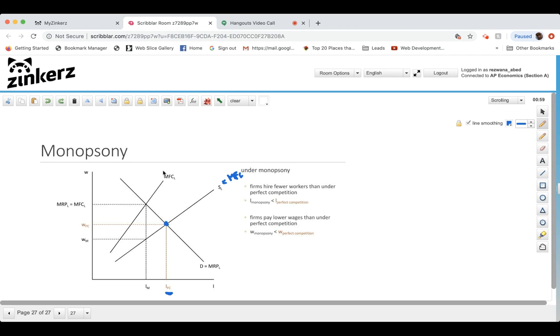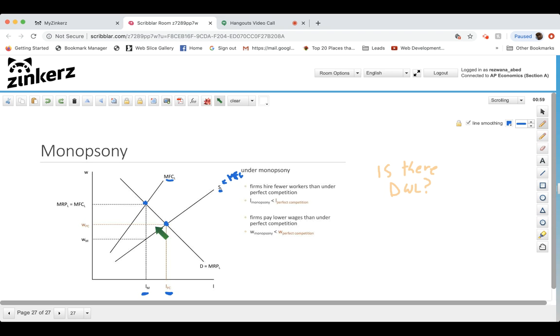But for the monopsony, just like we saw with monopoly, monopoly produced a lower quantity but charged a higher price. Monopsony does something similar. They hire where their marginal factor cost is equal to their marginal revenue product of labor. So they're going to hire at this quantity right here.